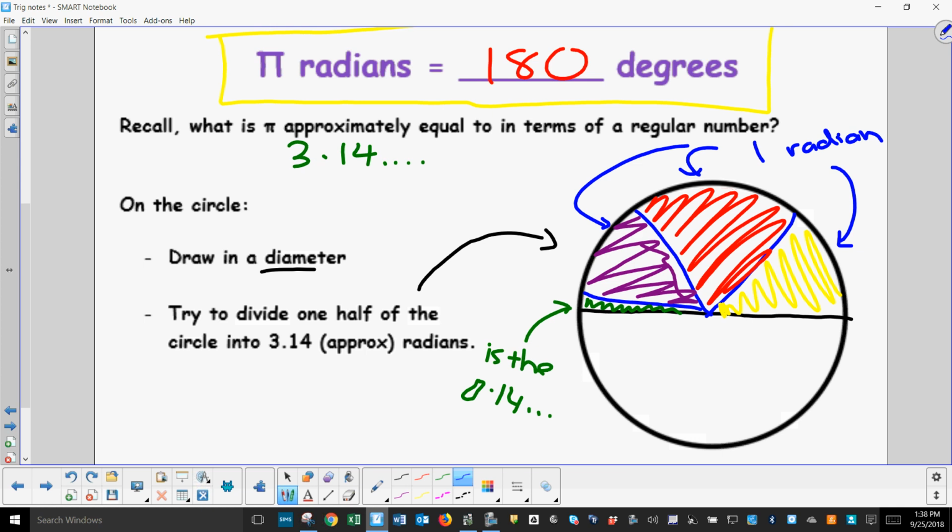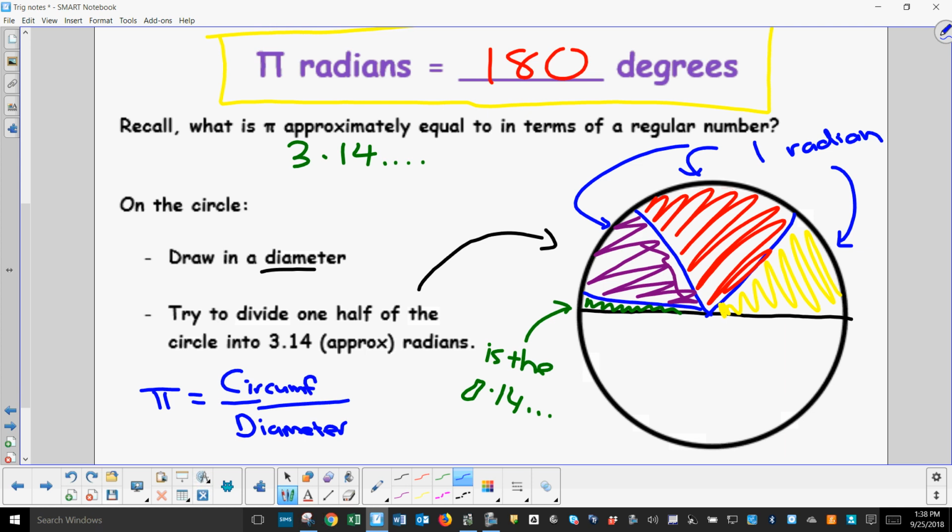And the reason why radians is considered a bit more intuitive is because radians deals with the number pi, and pi is a special number related to circles. Because remember, how is pi calculated? What's the definition of pi? Yeah, pi equals the circumference of any circle divided by its diameter. So don't worry, this is not something you're meant to realise.